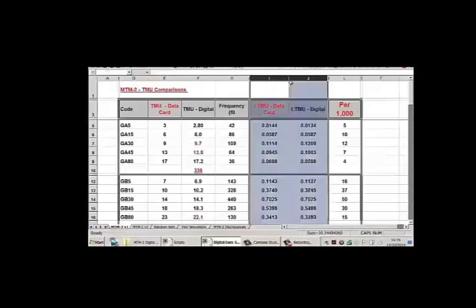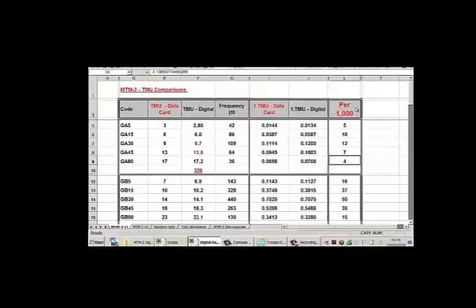These next two columns are included as calculations for the weighted aggregate values of both the digital and the data card values. This final column is the frequency per thousand, and what that means is the frequency per 1,000 motions.